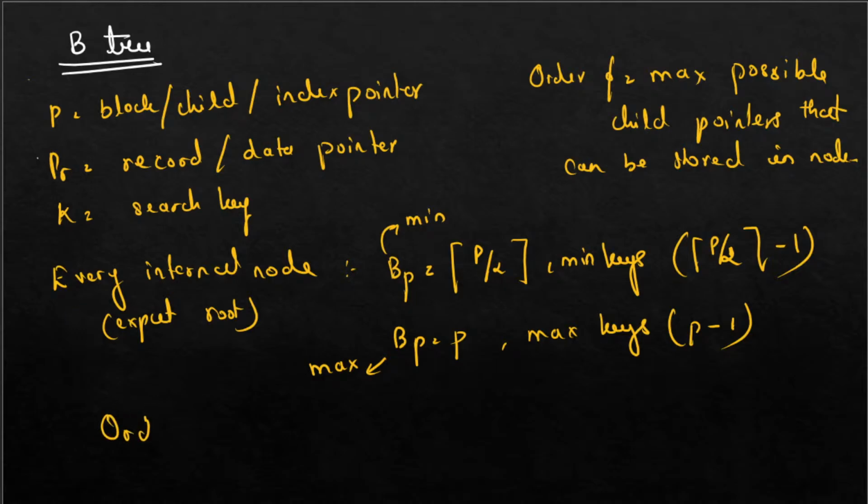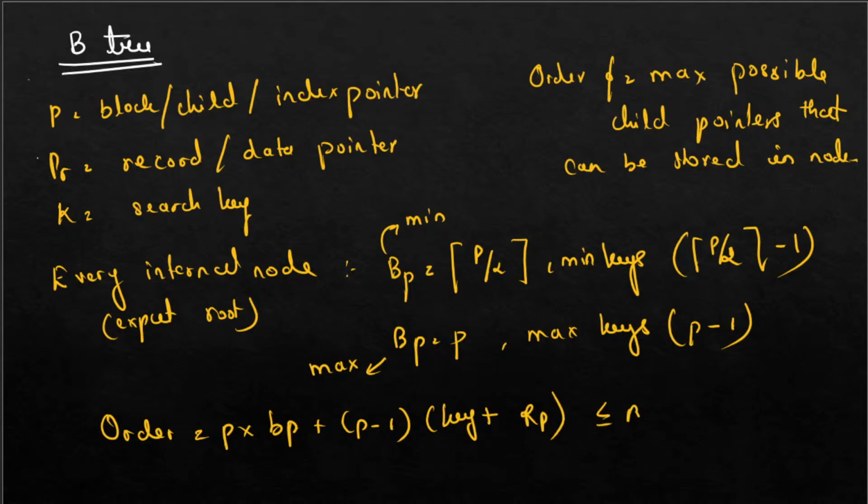And here order P is found from P times block pointer plus P minus 1 keys plus record pointers, less than or equal to block size. All right. So this is the case.